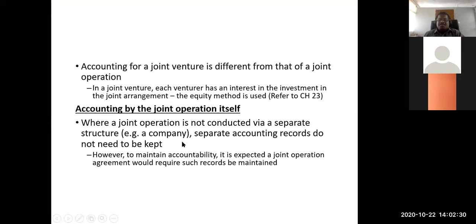It's like a partnership. Suppose in a particular case, say there are two parties, A and B, and you have an operation C. Now this is A Limited, B Limited.